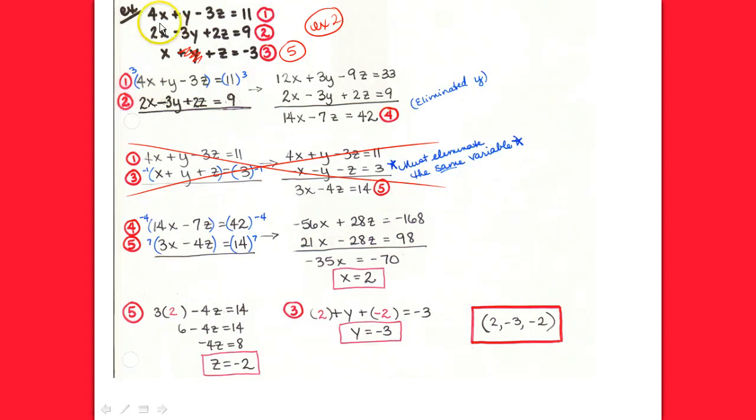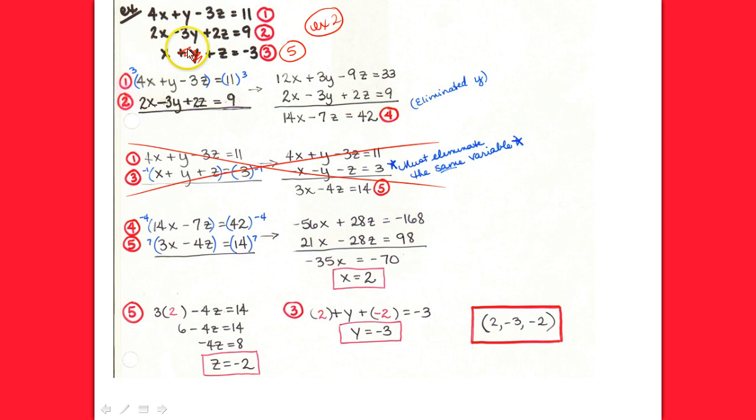When I go through and combine these other 2 equations, like equations 1 and 2, I'll notice that y is what got eliminated in that 3rd equation. If I combine 1 and 2 and eliminate that same variable, that will create my system of two equations with two unknowns, right?